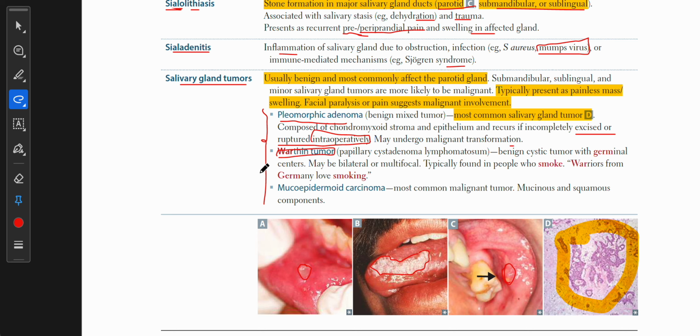Warthin tumor, also known as papillary cystadenoma lymphomatosum, is also a benign cystic tumor with germinal centers.